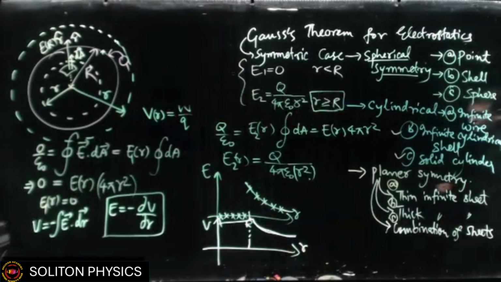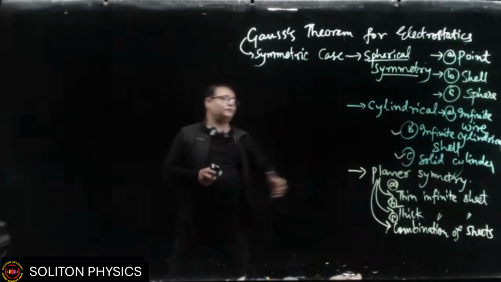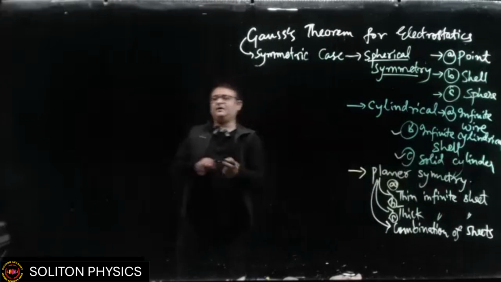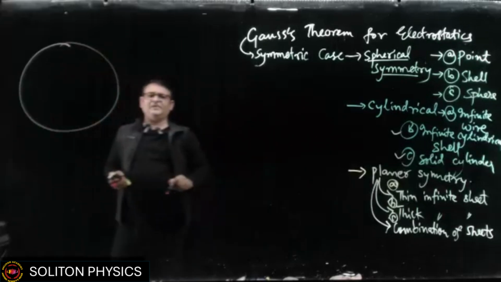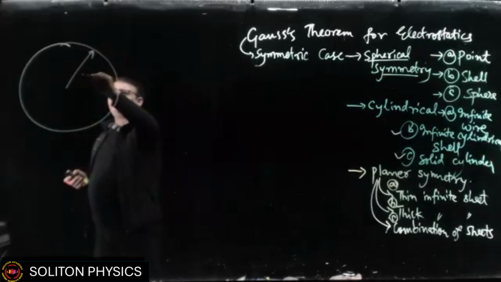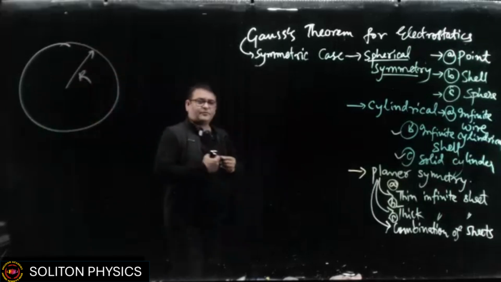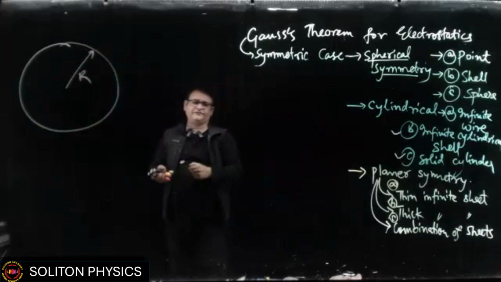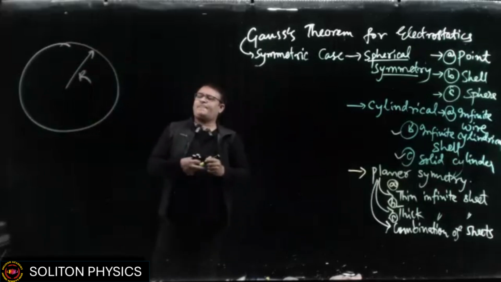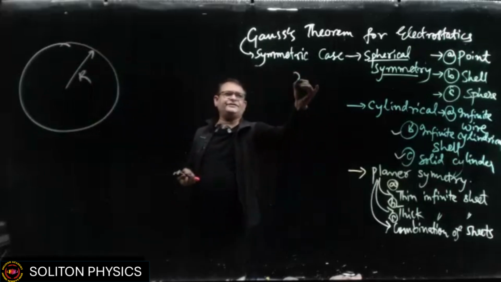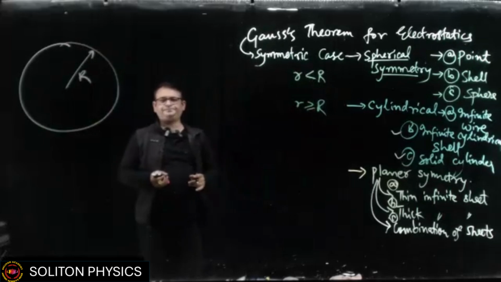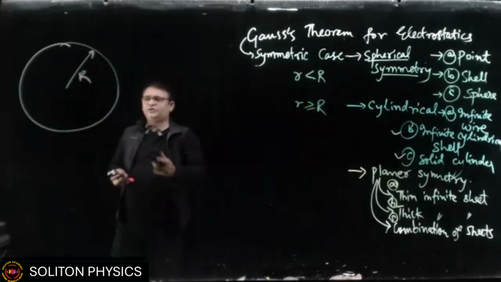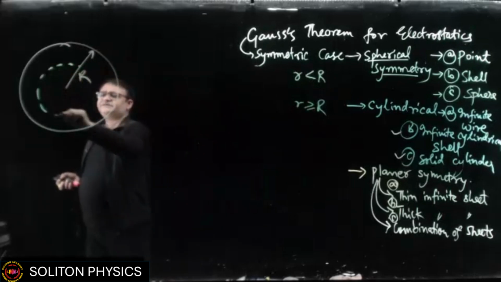Okay, so next case is sphere. Suppose I have a solid non-conducting sphere of radius big R. Now my interest is to find the electric field for both locations, r less than big R, and r greater or equal to R. So what I'm going to do, I'm going to do the same business.